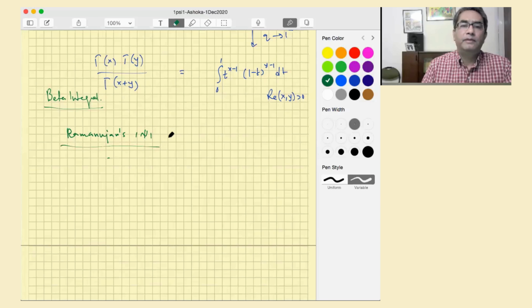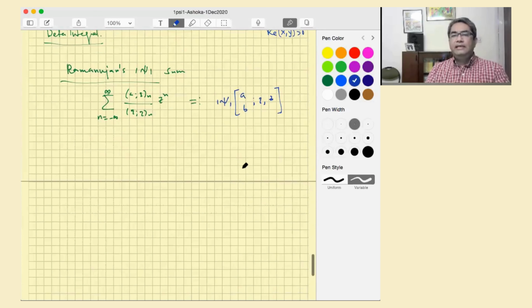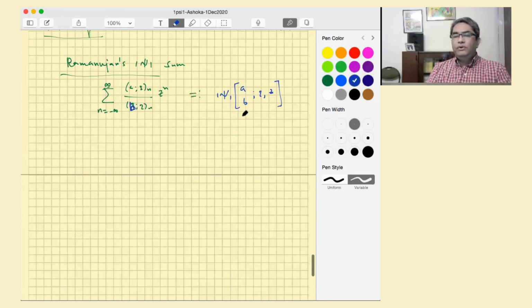So, as I mentioned, this is an expression for this bilateral sum, and it's called 1 psi 1. It is denoted by this notation, and I should say that when b is equal to q, then we have a 1 phi 0.